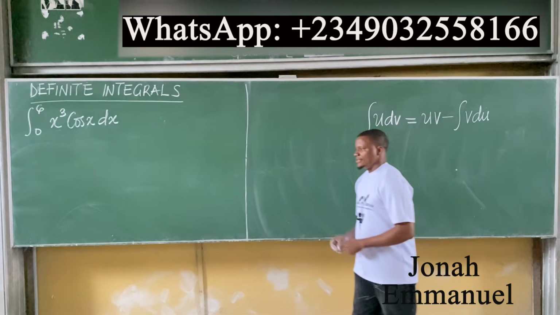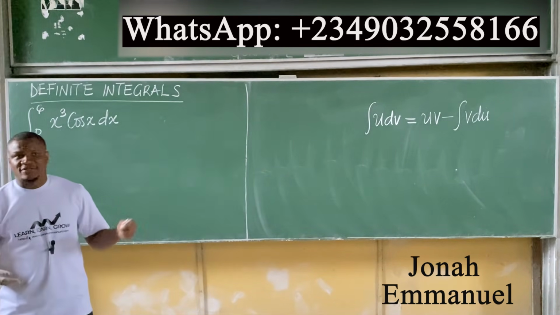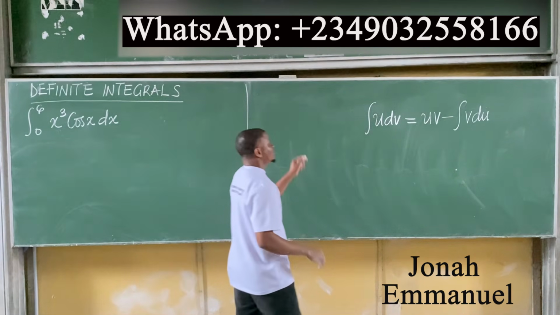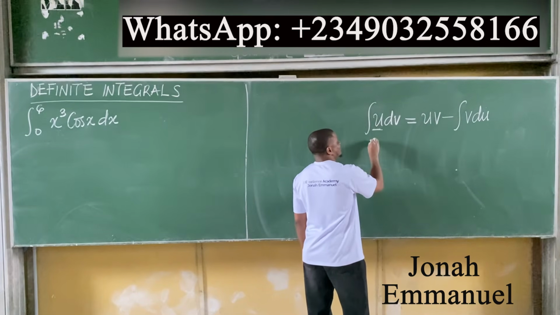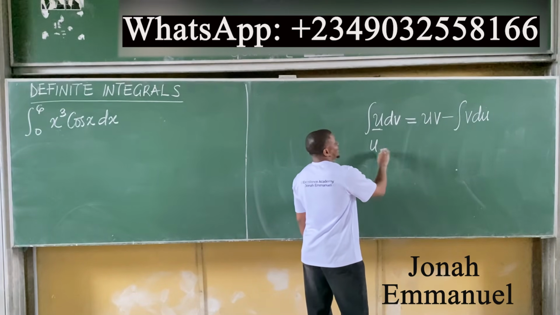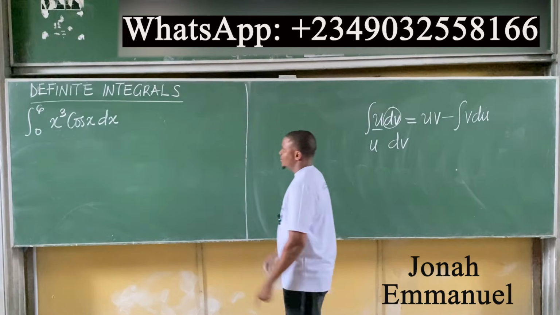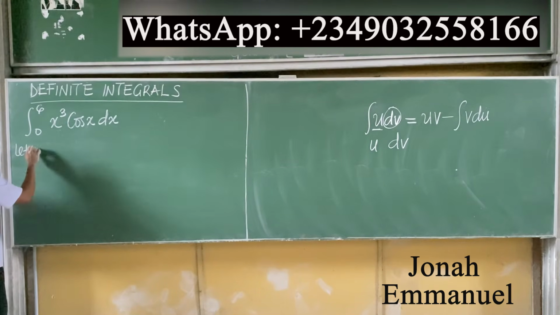This is the integration by parts formula, also there online. That's the formula. In essence, if I'm doing integration by parts, I will take one of the terms as u, take the second term as dv.